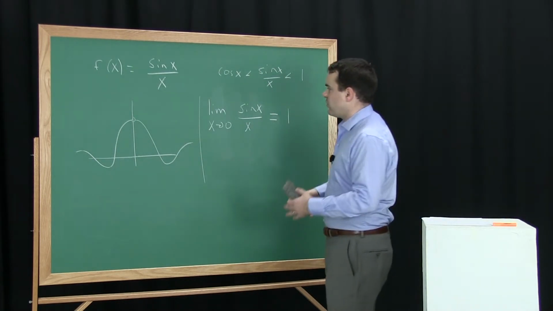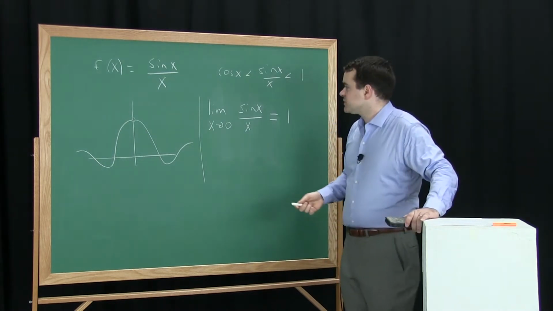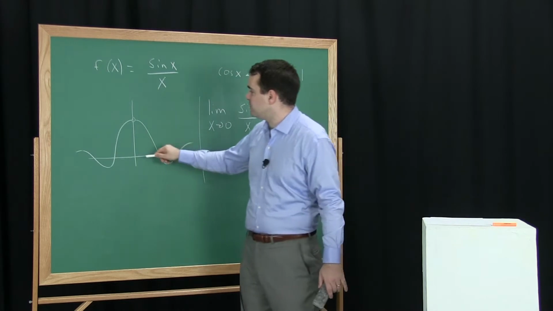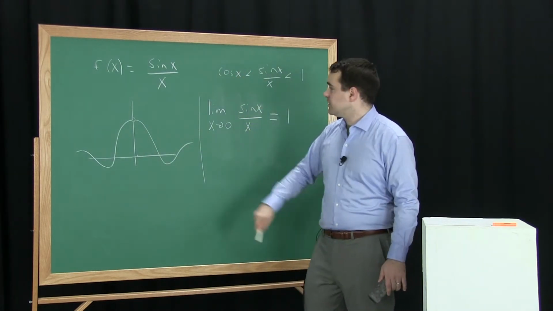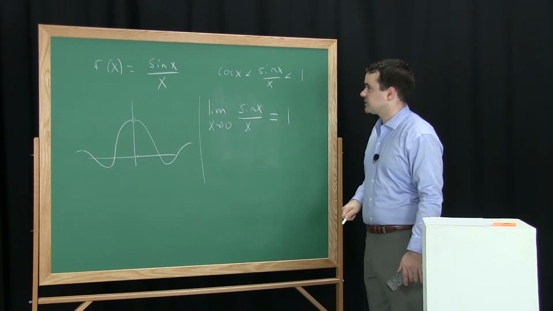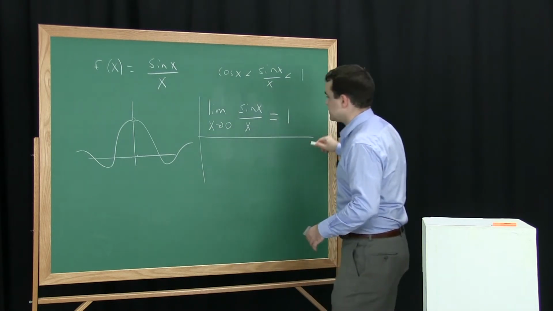And how can you conceptualize this? Once again, the way you'll think of it is by saying that if your x value is really close to 0, then your y value has to be really close to 1. And that's a general definition for what a limit is.